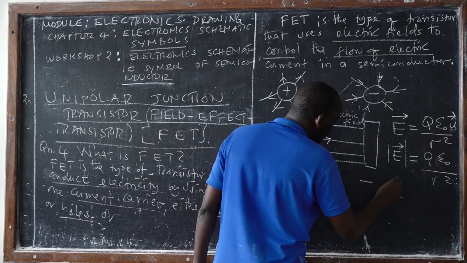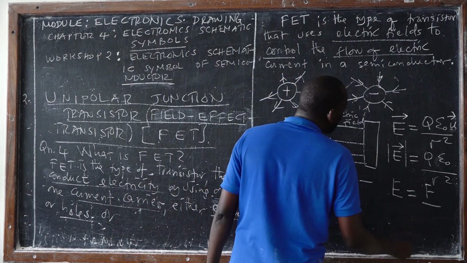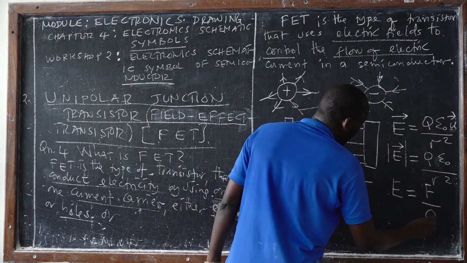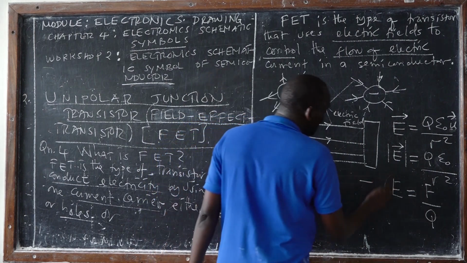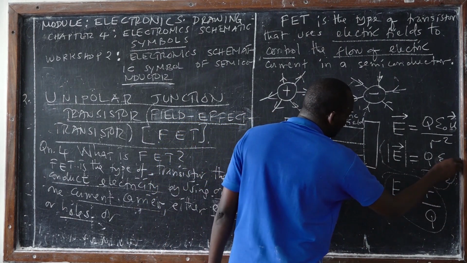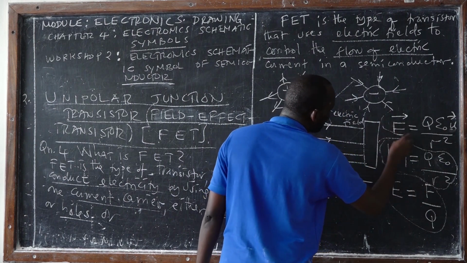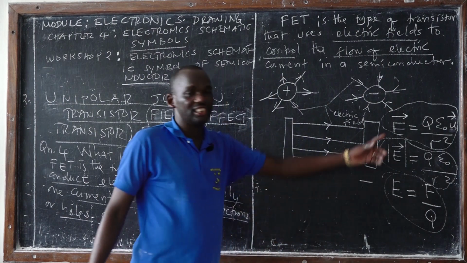Or sometimes we say that the electric field is equal to the electrostatic force over the quantity of charge. So whether you use this mathematical formula, you can compute the electric field, or use this mathematical formula, you can compute the electric field with its direction.